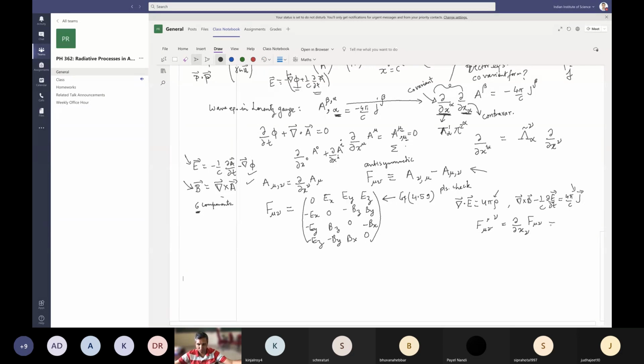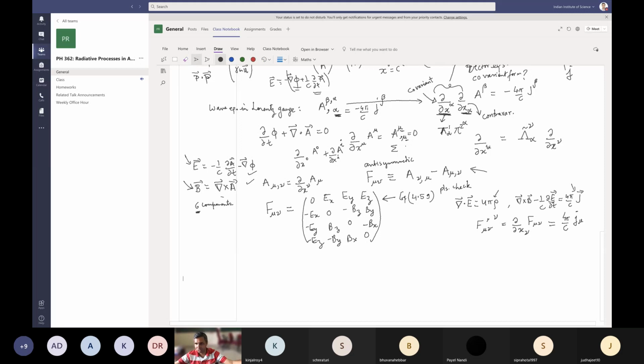This is equal to 4 pi by c J mu. So this is written in terms of the covariant components. If you just multiply it by eta, you can raise or lower the indices.